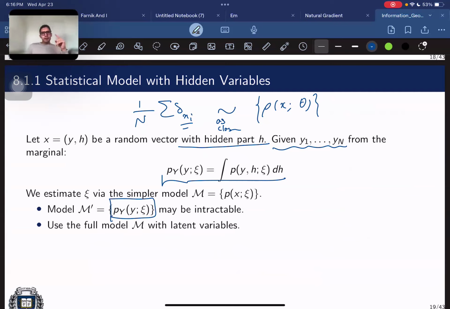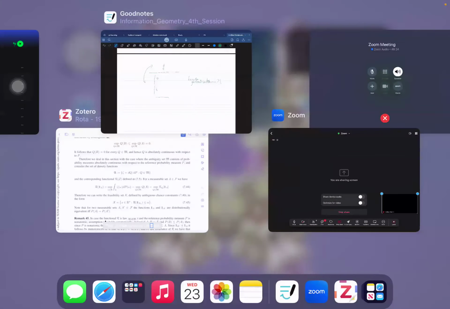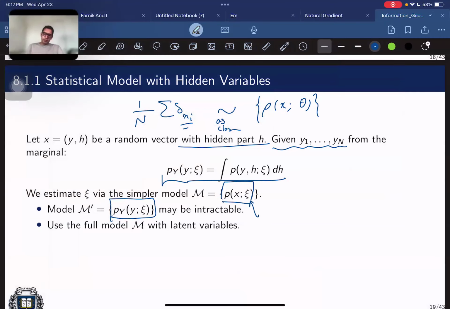The problem may seem very simple when we talk about this manifold. For example, if you start with the Gaussian mixture model, as we'll see in what follows, it is very simple to write down. But if you calculate the marginal distributions, this would be intractable.